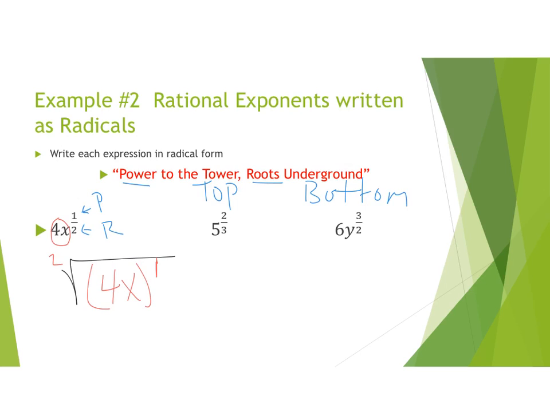Let's try another example. Draw the radical symbol. The base is the radicand. Power of 2, root of 3. So 5 to the 2/3 can be written as the cube root of 5 to the power of 2. Try the last one on your own and check it with me.